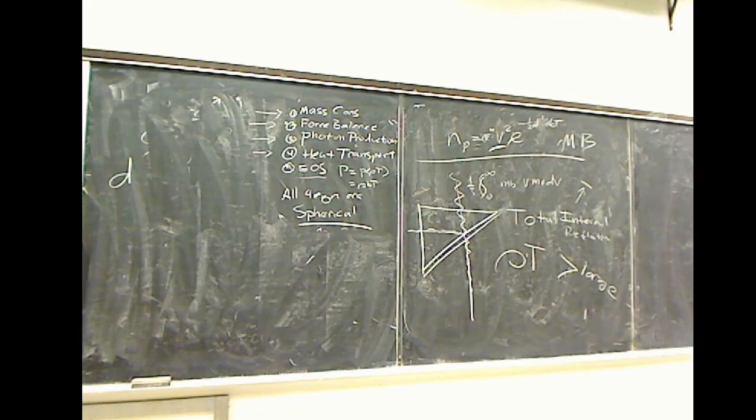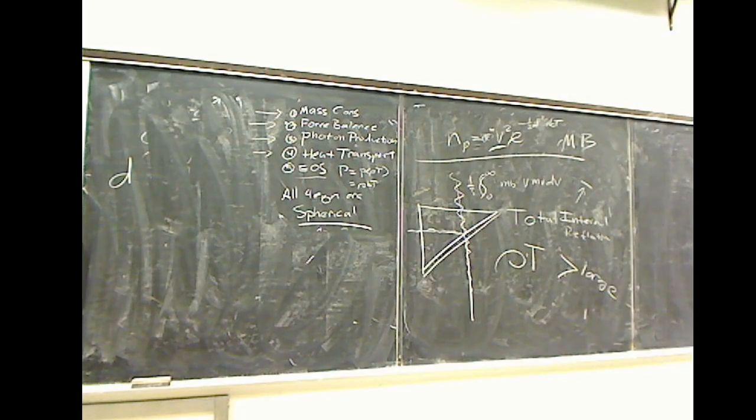And if you're in the radiative dominated regime, it's minus 3 over 4ac, kappa bar rho over T cubed, times L over 4 pi r squared. Yeah, 4ac.